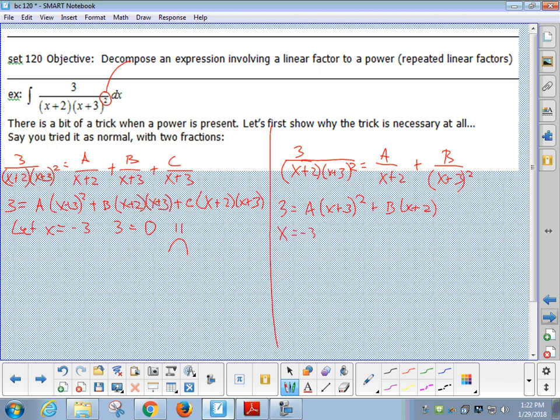Now this one starts to feel like, yeah, this is working. When x is -3, I get 3 equals B times -1, so B is -3. And when I let x equal -2, I get 3 equals A. And so my theory is that this decomposes this way.